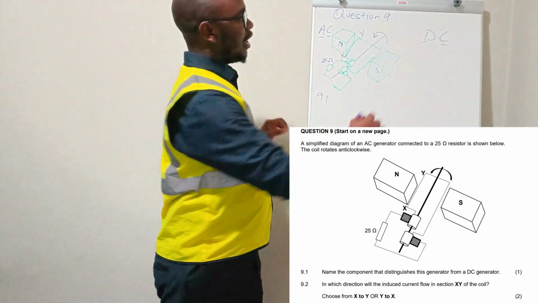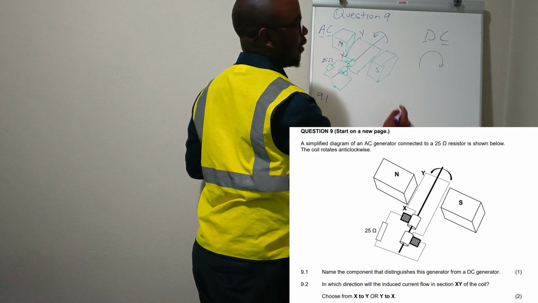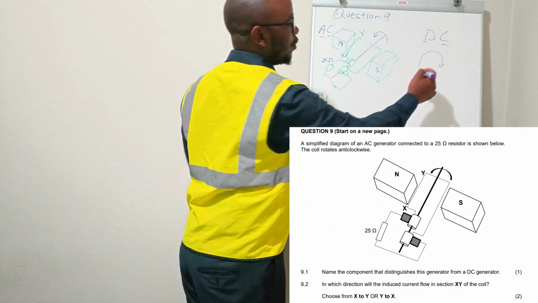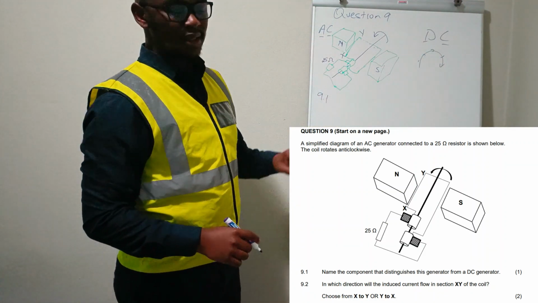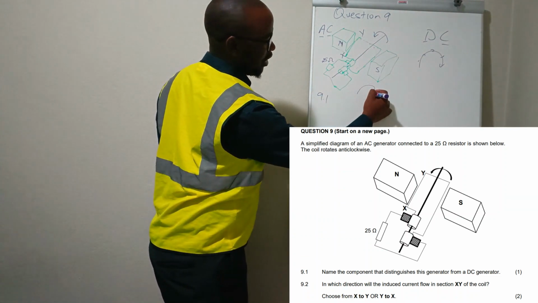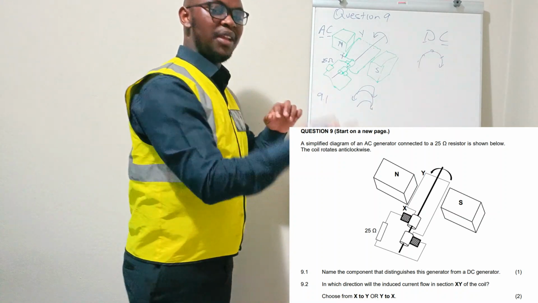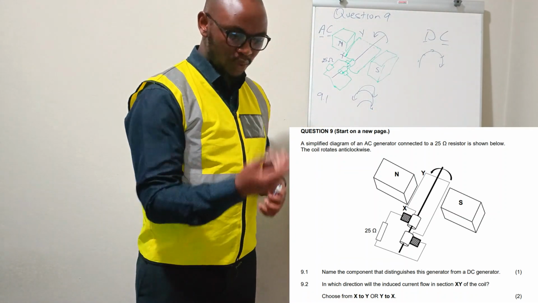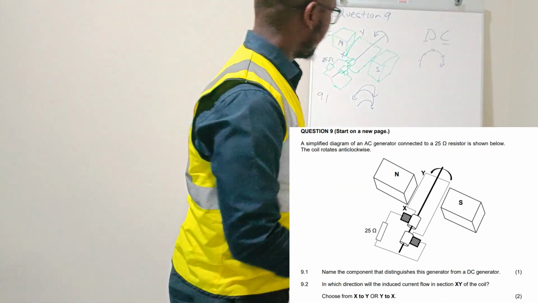So if the current was flowing this way, whatever position the coil is in, we still maintain the same direction of current. But with AC, we have current going this direction, coming back this direction, going this direction. So it is alternating, or it is going in both directions. So it is changing between positive and negative current.